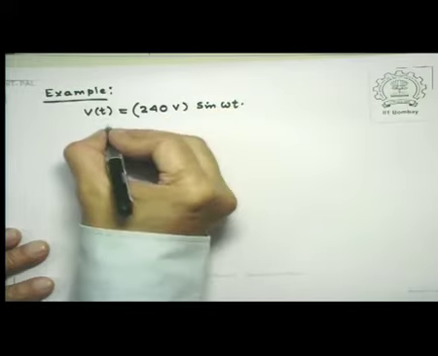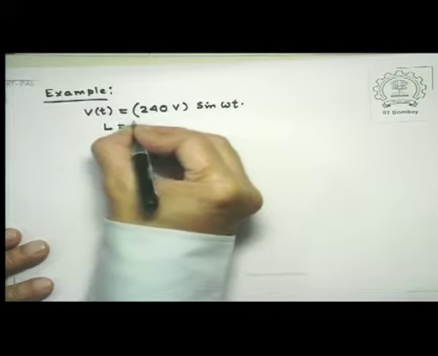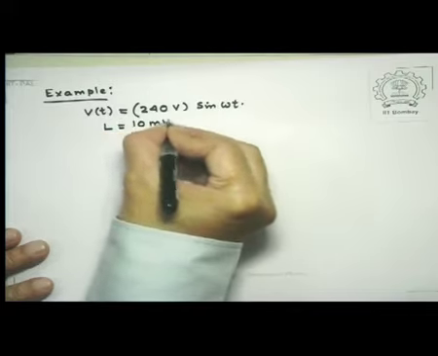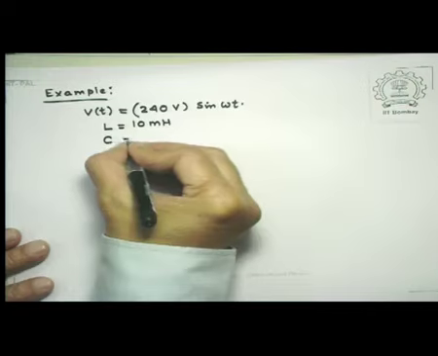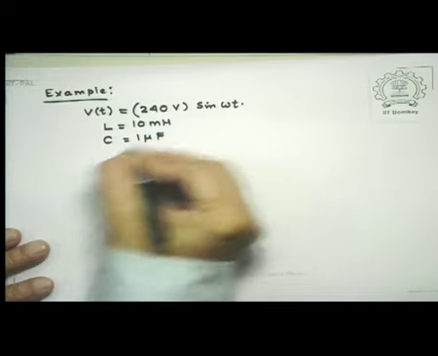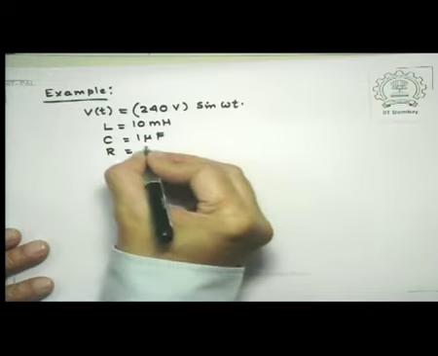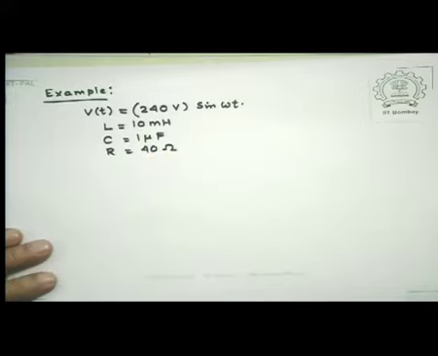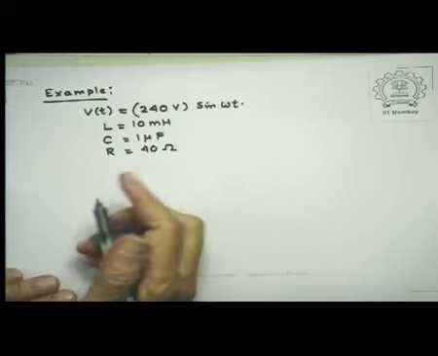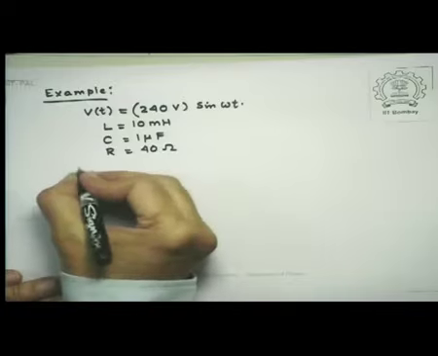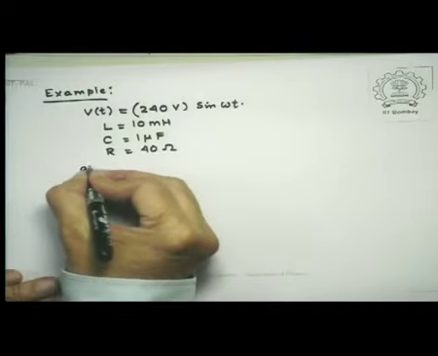I have been given L is equal to 10 millihenry, C is equal to 1 microfarad, and R is equal to 40 ohms. So let us find various data connected with this problem. First, let's look at what is the resonant frequency.